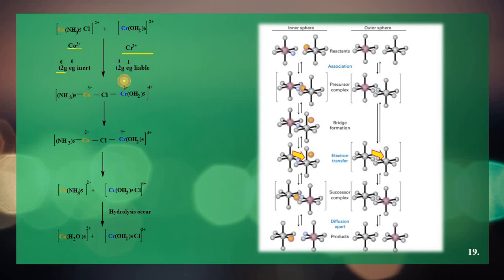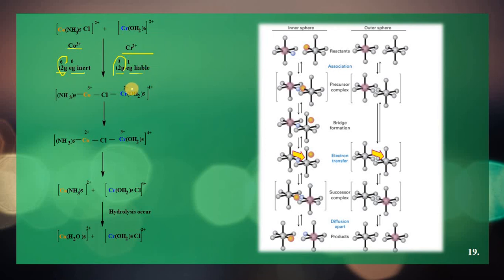Both of them are t2g, eg. But the difference is that this t2g is 6, while for this it is 3. The eg is 0, while the eg here is what? 1. And I told you the meaning of inert and labile. So this is inert, and this reaction is a labile one.